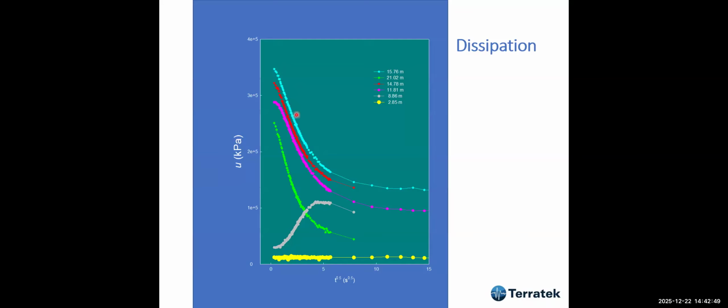So here we have a typical dissipation, here a typical dissipation, here dissipation, here a typical dissipation. The yellow one is no dissipation. What does it mean? It's high permeability, it should be sand.